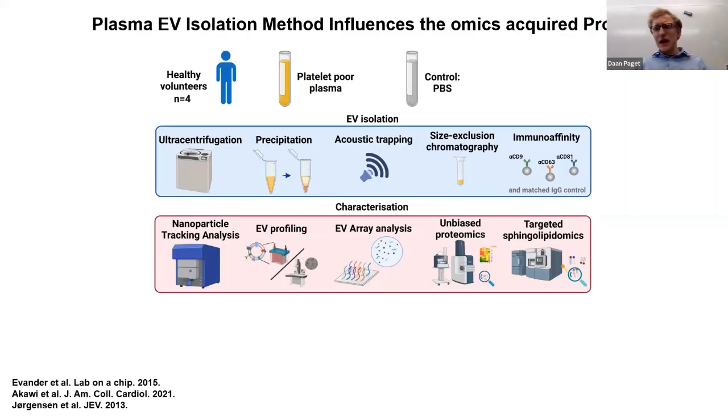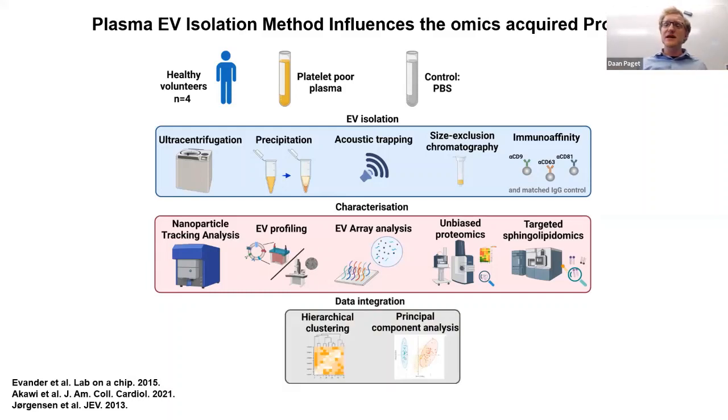Following establishing this profile, we combined all the data and did a principal components analysis to look at the total EV profile as a whole. I'll first talk you through the individual characterization data points and then go into the integrated data set.